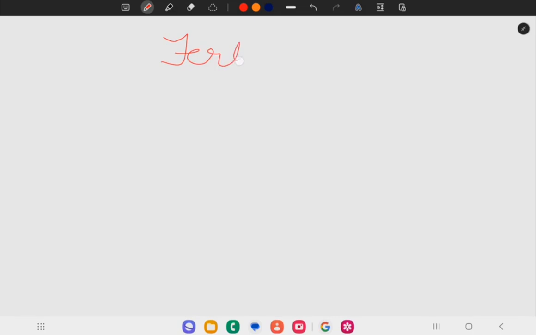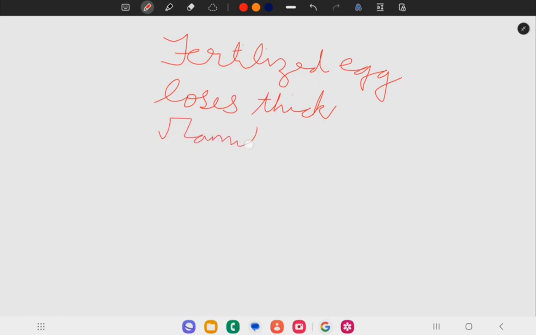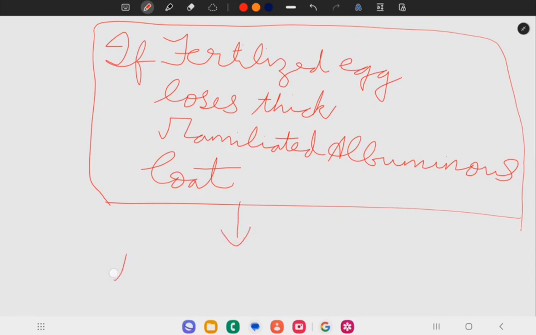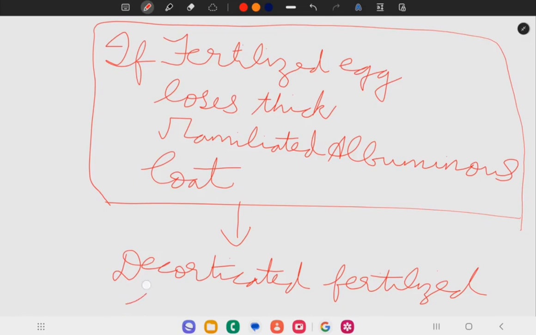If fertilized egg loses its thick mammillated albuminous coat, then it is known as decorticated fertilized egg.